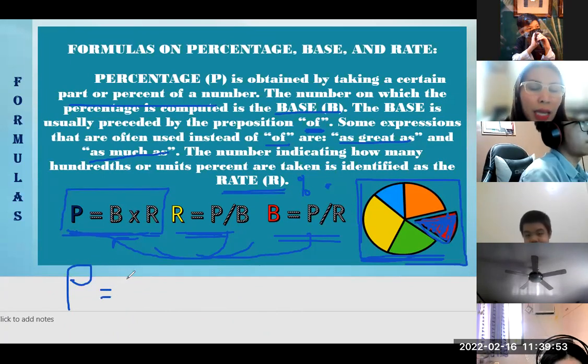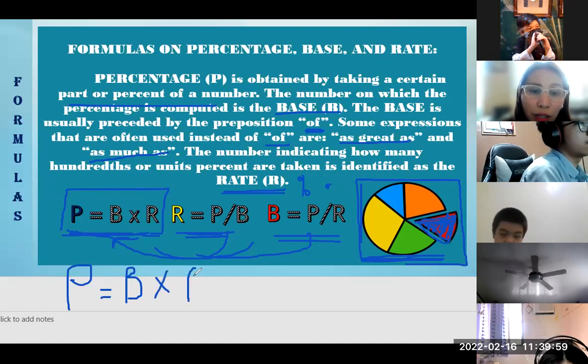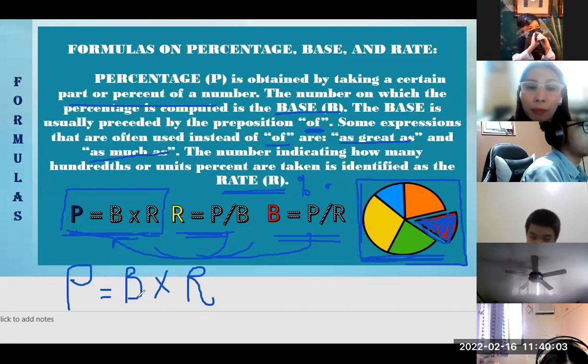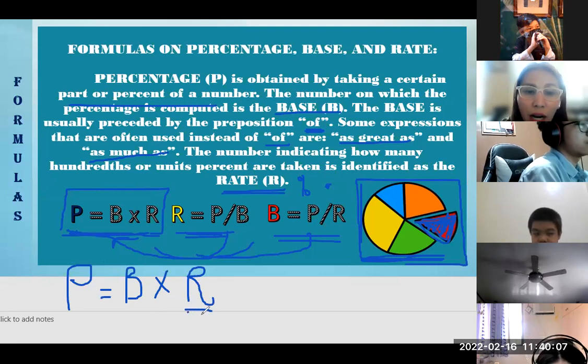Example, percentage equals base times rate lang ulit yung alam nyo na formula. Don't worry kasi dito rin yun magde-derive. So, let's isolate R here and transfer nyo lang din yung B sa kabilang side.